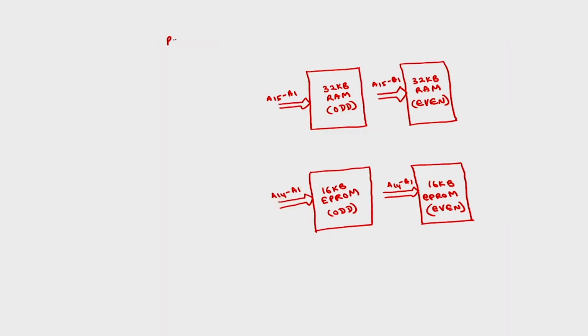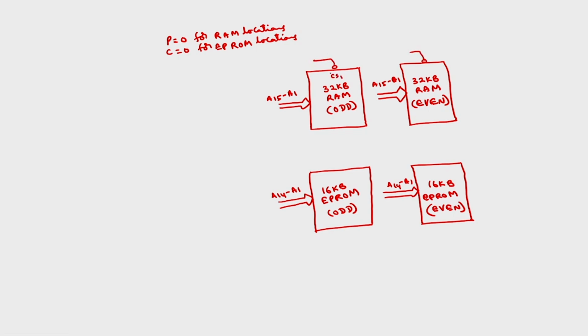P is 0 for all the RAM locations, and C is 0 for EPROM locations. Okay. Now how to select the chip selects of these 4 ICs?